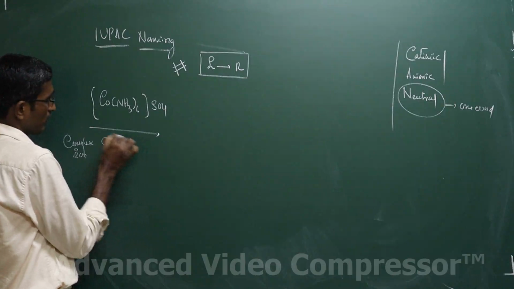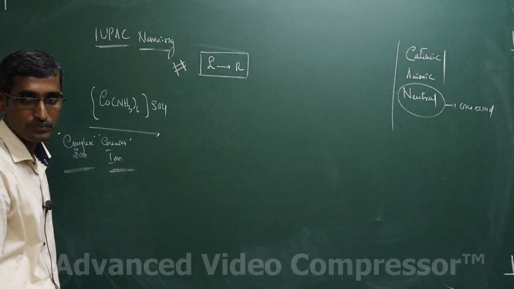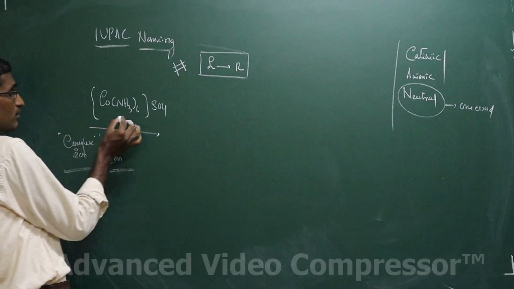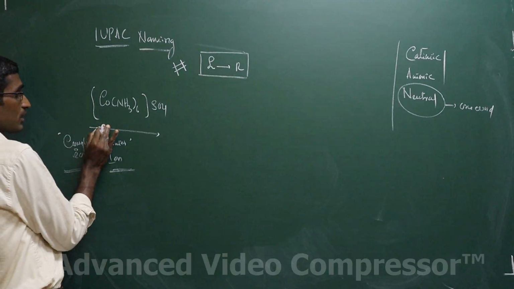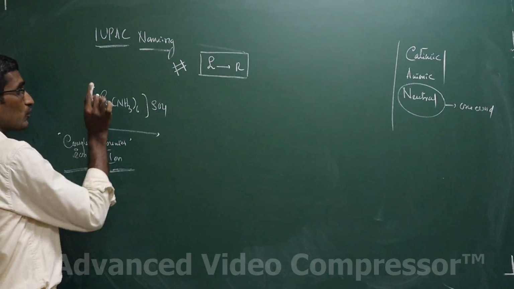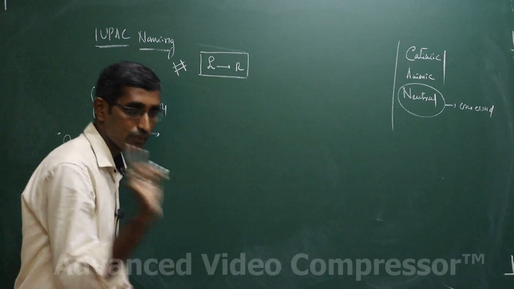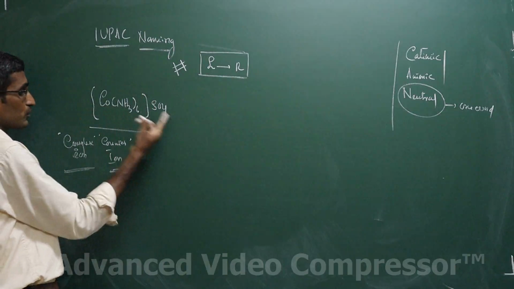You always start from left to right. This is a cationic complex. Which one is at the left side? First you will encounter the complex ion, then afterwards you will encounter the counter ion. So first you name the complex ion, then you go for the counter ion.